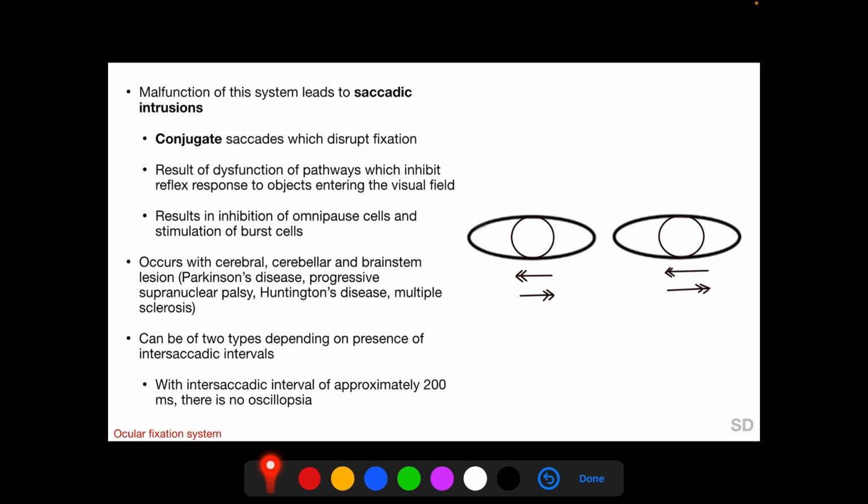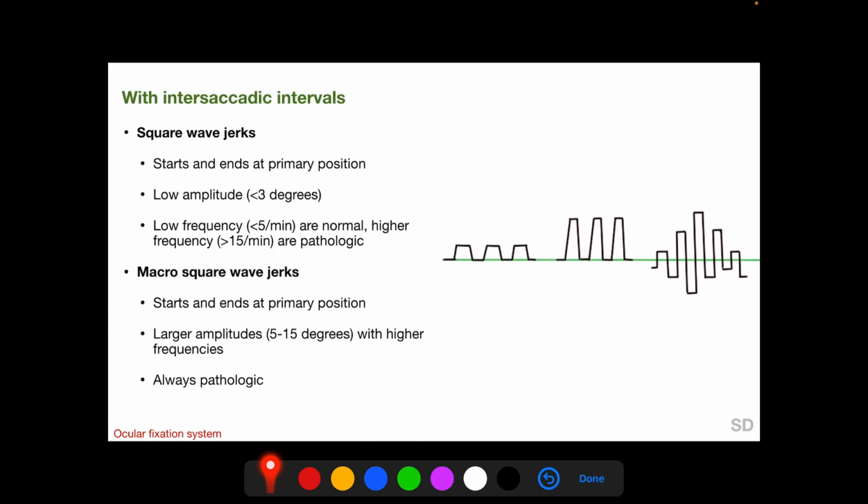the external visual space. Saccadic intrusions with intersaccadic intervals can be classified as square wave jerks, macro square wave jerks and macrosaccadic oscillations. Square wave jerks and macro square wave jerks start and end at primary position. That means the two back-to-back saccades occur on the same side of the primary position, and we can see that there is an intersaccadic interval.